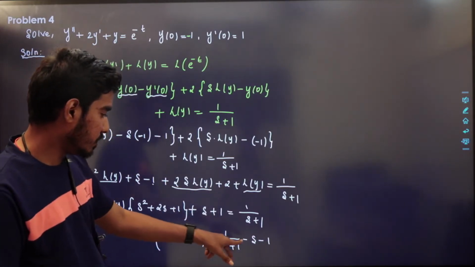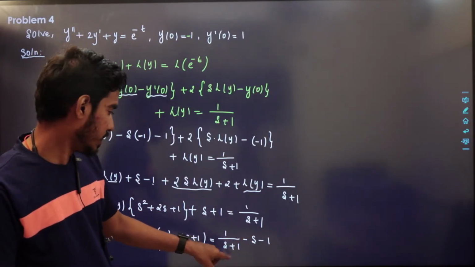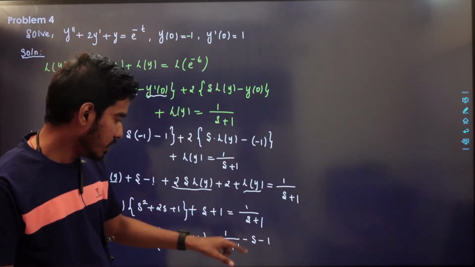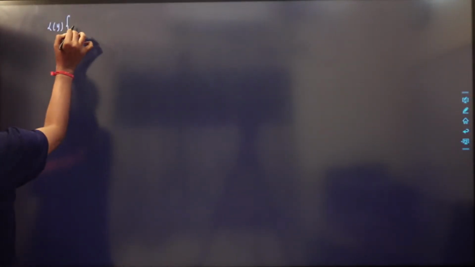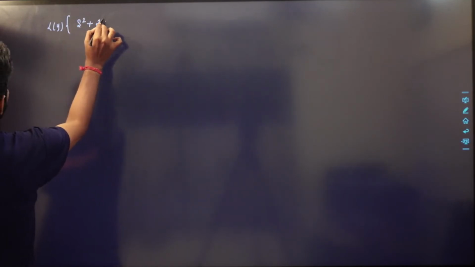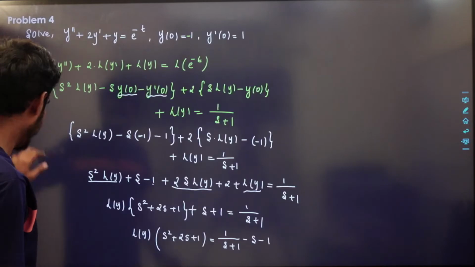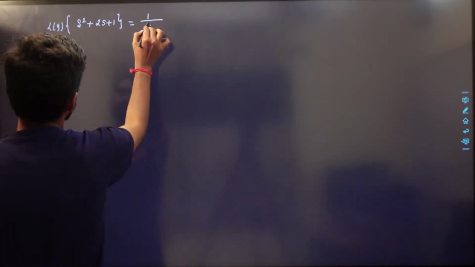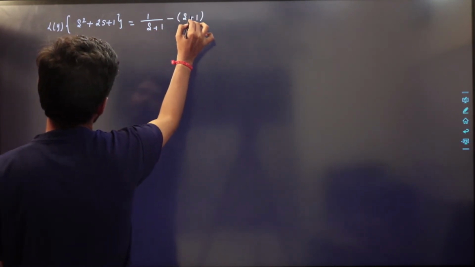What we can do is, if I take minus outside here, it will become very easy, I think. If we take minus outside here, we will have s plus 1 again. So if I cross multiply this, it is very easy. So we will have L of y times s square plus 2s plus 1 is equal to 1 by s plus 1. We take minus outside here, it will be minus s plus 1.